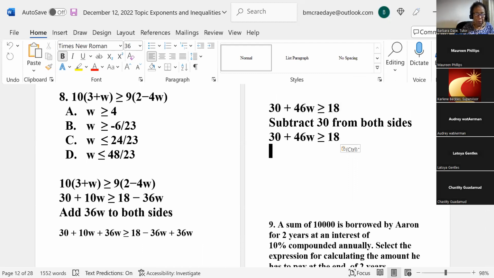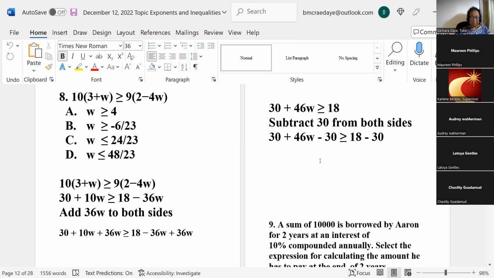So we subtract the 30 from both sides, and on the right side, minus 30, right? So Maureen, what am I left with on the left side? 30 plus 46W minus 30, greater than or equal to 18 minus 30.